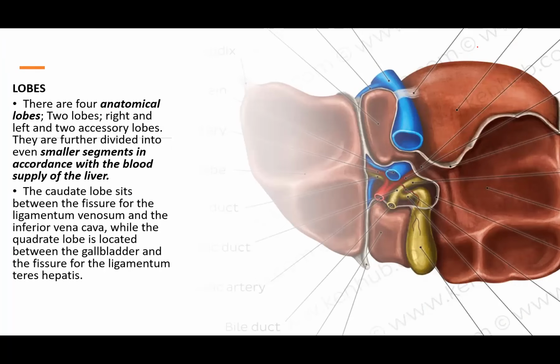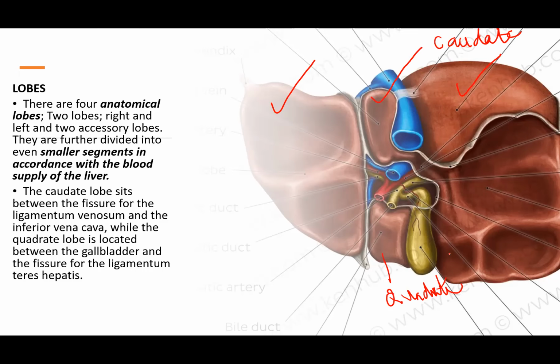And of course, don't forget their boundaries, the structures they are lying in between. This is the right, this is the left, this is the caudate, and this is the quadrate.